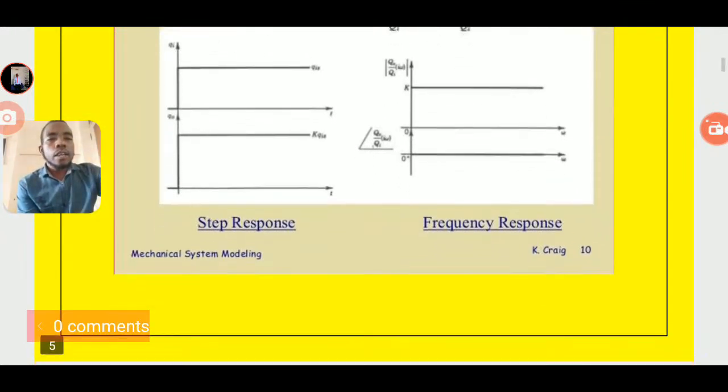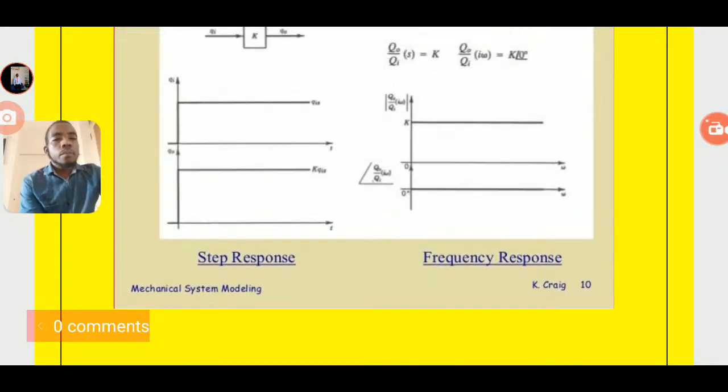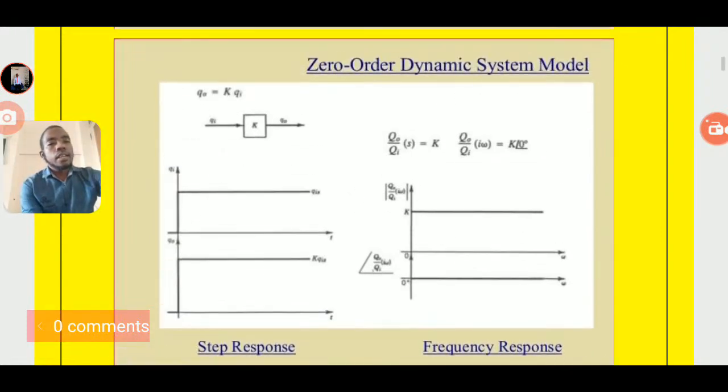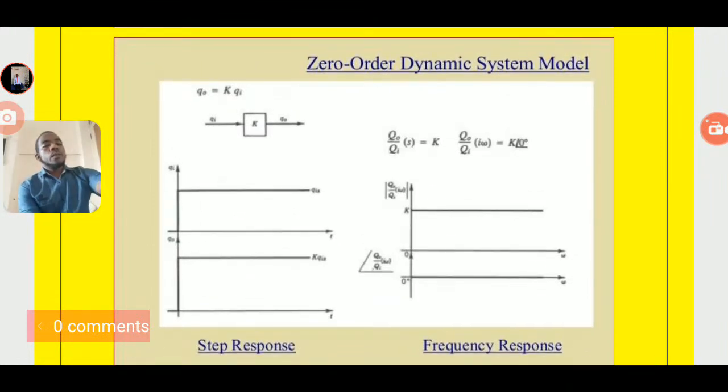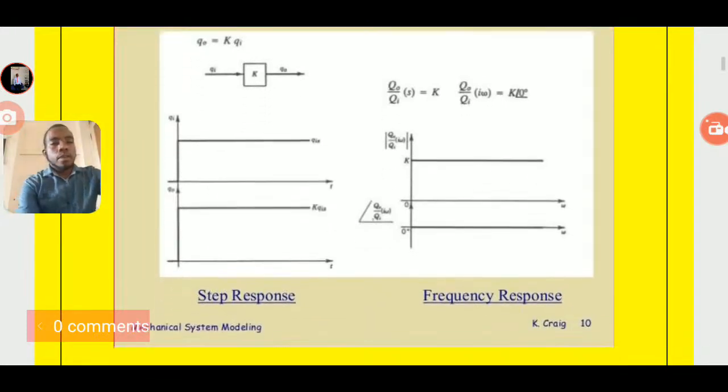The first graph is showing the step response, and the second graph is showing the frequency response. Both graphs are for the zero order dynamic system model.